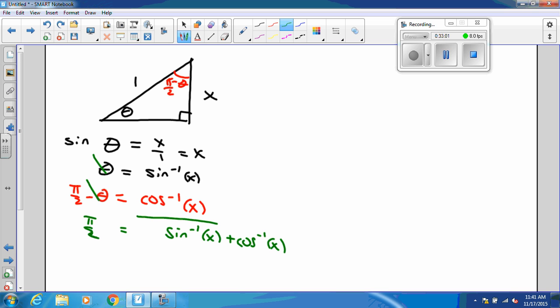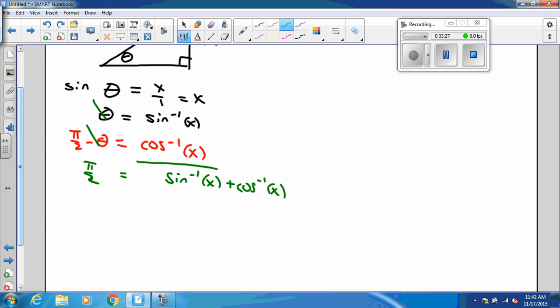We call this the cofunction relation, or cofunction identity, for the inverse trig functions. An inverse function plus its inverse cofunction always add up to pi over 2 because they are complementary angles. Inverse sine x and inverse cosine x are two complementary angles that add up to pi over 2.